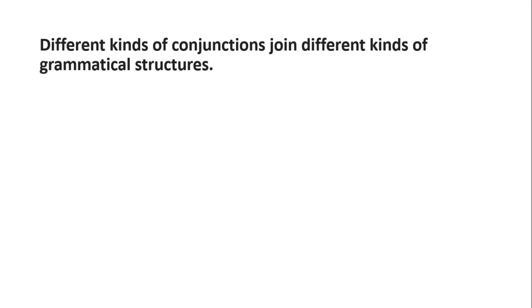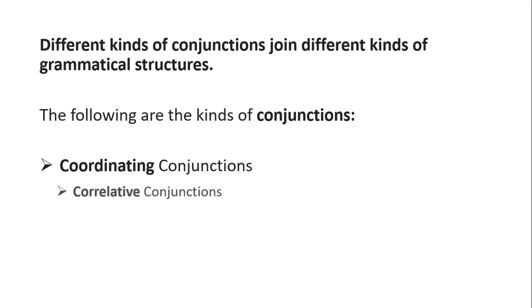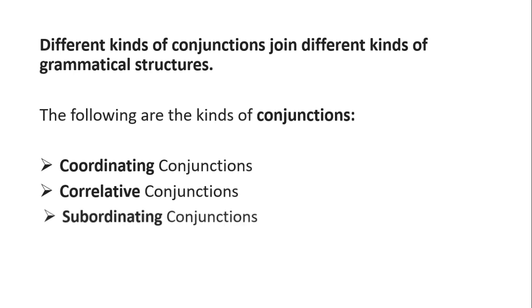Students, we have three kinds of conjunctions that use different kinds of grammatical structures. The first one is the coordinating conjunctions, correlative conjunctions, and the subordinating conjunctions.